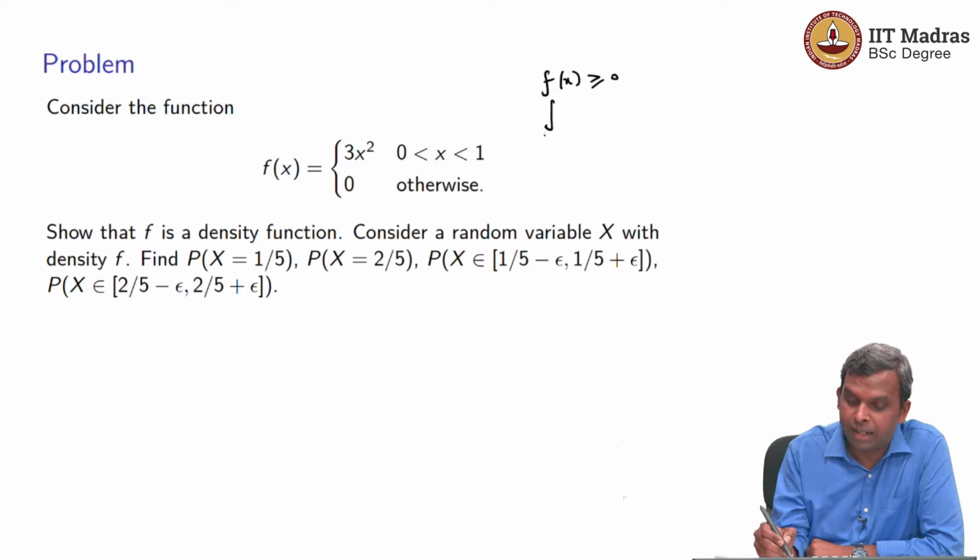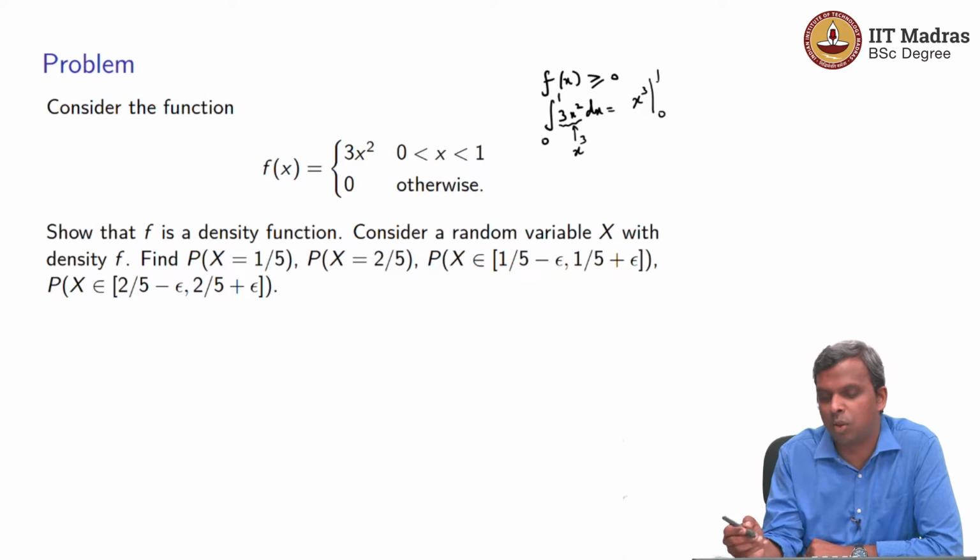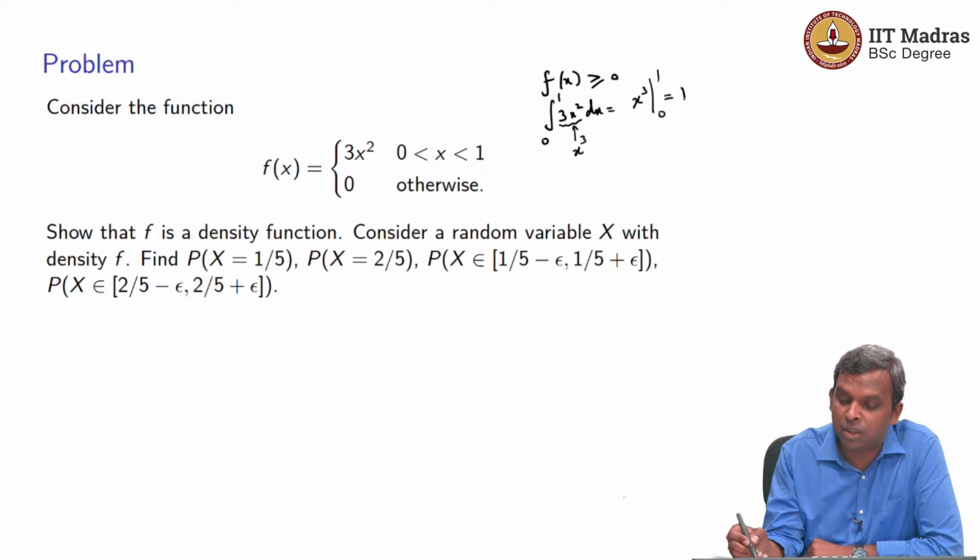Integral from minus infinity to infinity, but it's just 0 to 1, of 3x squared dx. What is the antiderivative of this? What when differentiated will give you 3x squared? x cubed, isn't it? Evaluated at 0 and 1. So this is how people write it. You evaluate x cubed at 1 minus x cubed at 0, so that's 1.